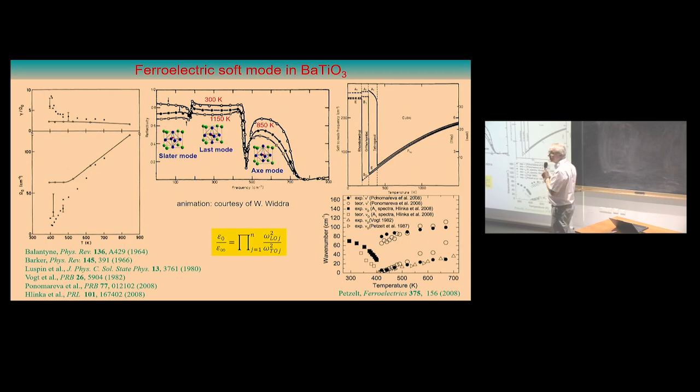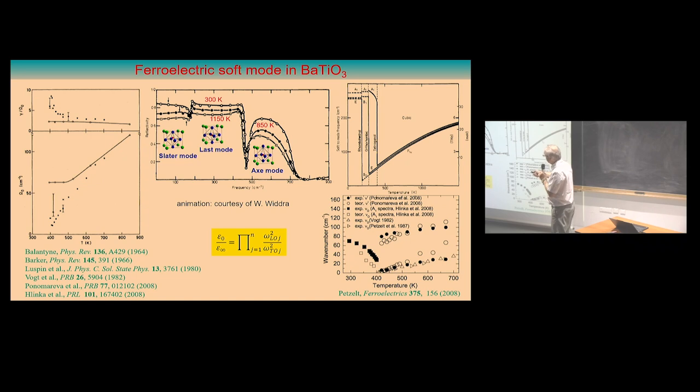Actually, how it looks in barium titanate in infrared spectra. Here is an example of infrared spectra at several temperatures. These 3 bands correspond to 3 phonons. I show here what this vibration means. The most important is the so-called Slater mode. This is vibration of titanium against the oxygen cage.